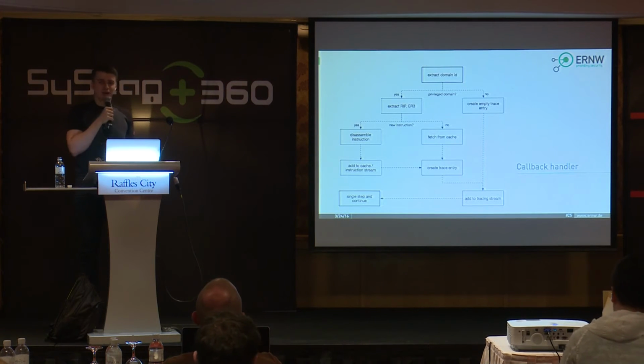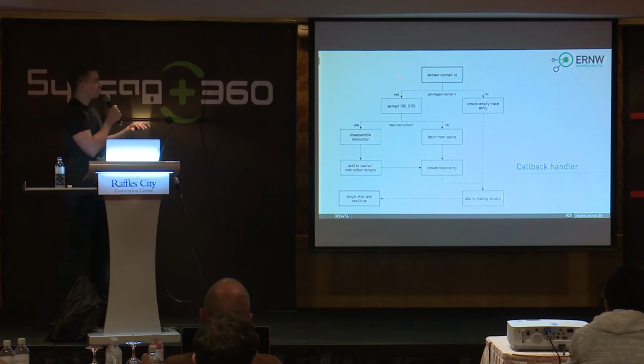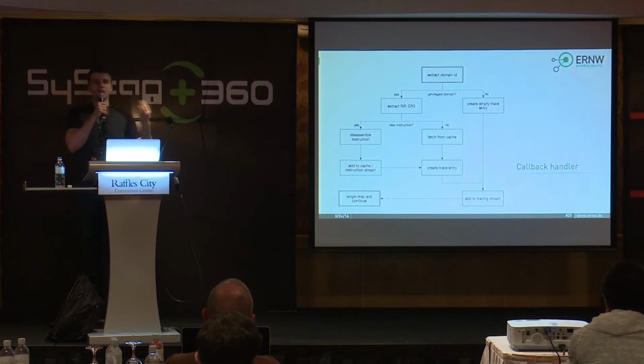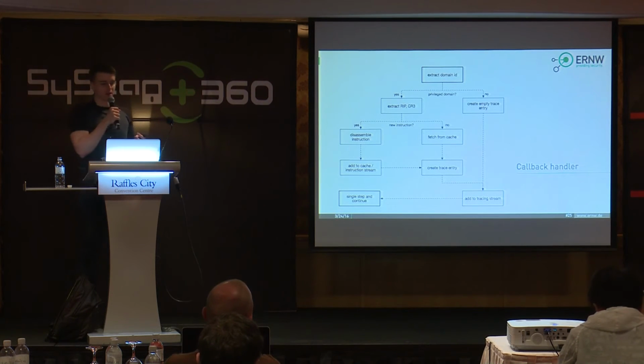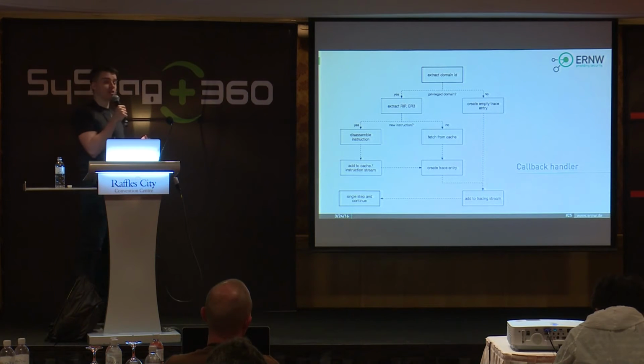I can see I only have 50 minutes left, so I have to speed up a bit. This is the callback handler. It is called every time we have a memory access. We are only interested in privileged accesses. We are not interested in bugs in the front end, we only want to look at the back end. So we check if this is actually the privileged domain that does the access.